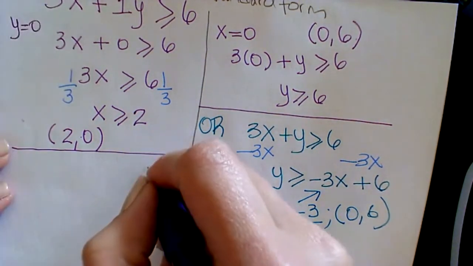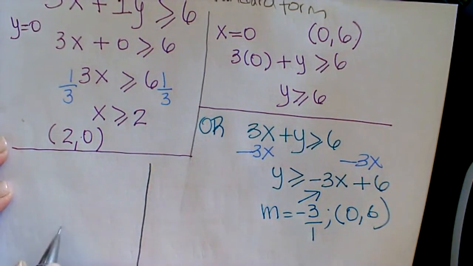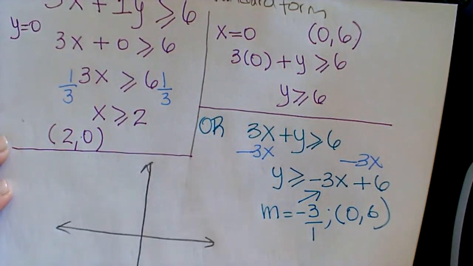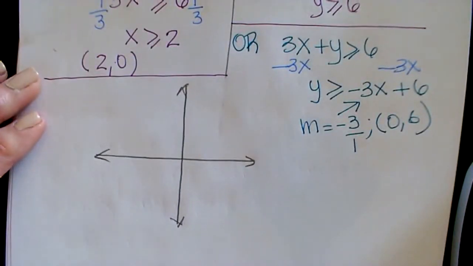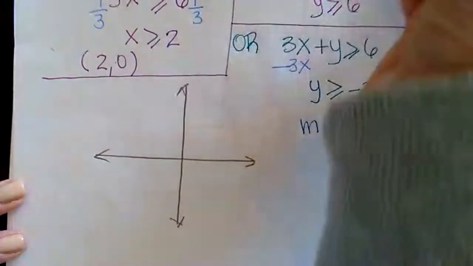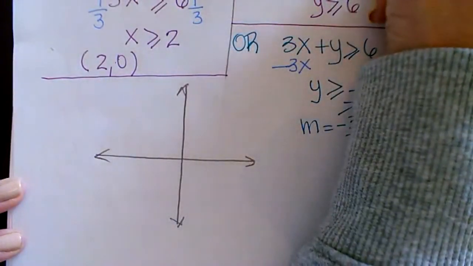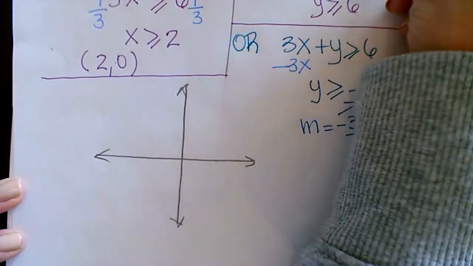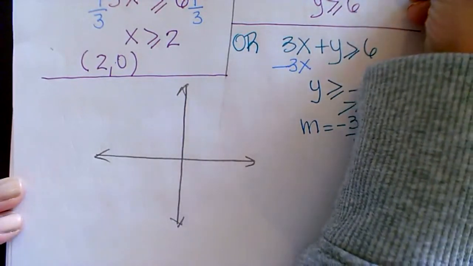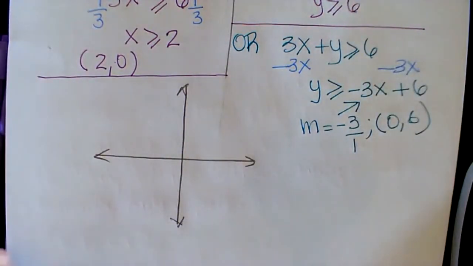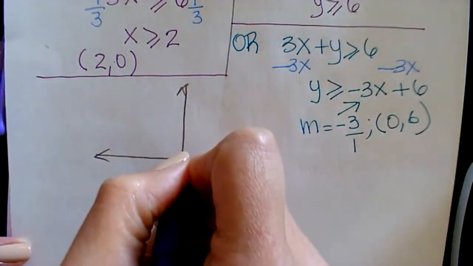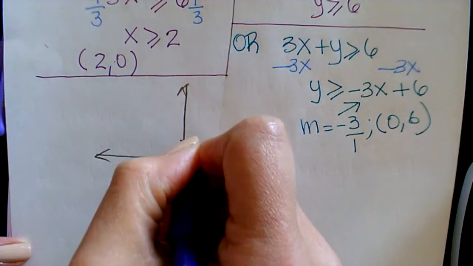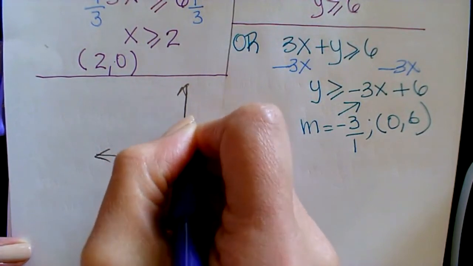So let's do the graph here. This is all for the vitamin A. Don't forget that we're doing vitamin A. So what do we have? We have a 0, 6. 1, 2, 3, 4, 5, 6.